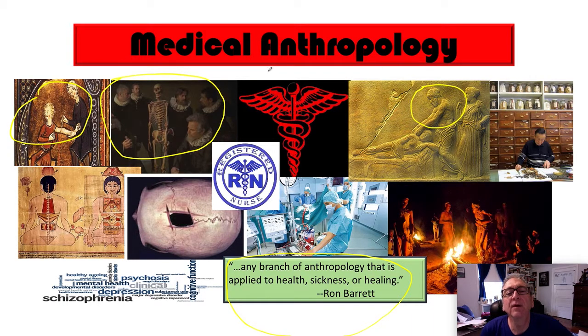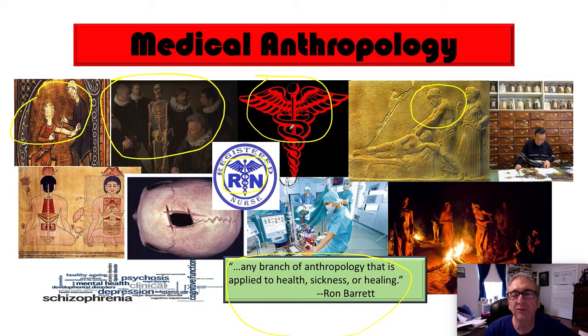And you have here something called the caduceus. You've probably seen that before. It's the symbol of modern medicine, and it's also on that registered nurse patch there. But there's something I want to say about this caduceus.